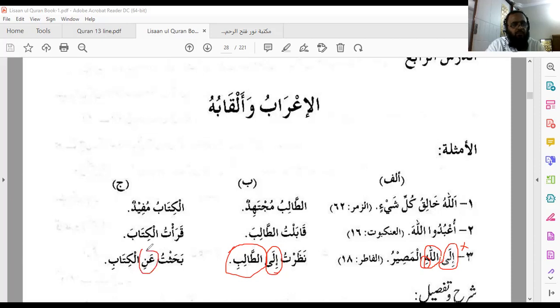Again, an is what? It's one of the harf from huruf jar. Al-kitabi having status of jar and al-kitab is known as majroor. So when the status of jar is on any noun, it must have either kasra or kasratain, and that will be known as majroor. I hope that you understand that.